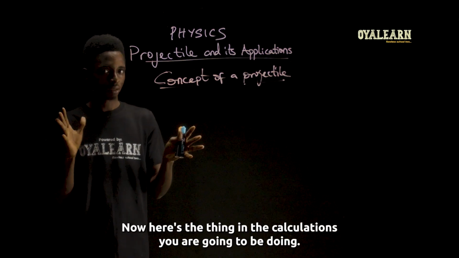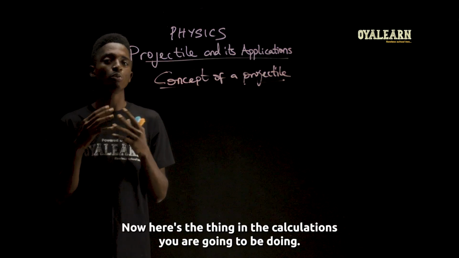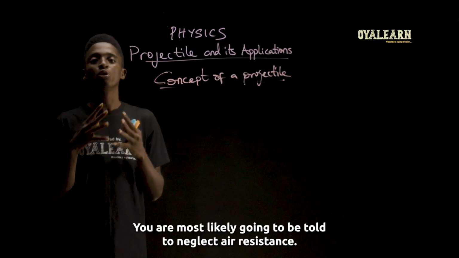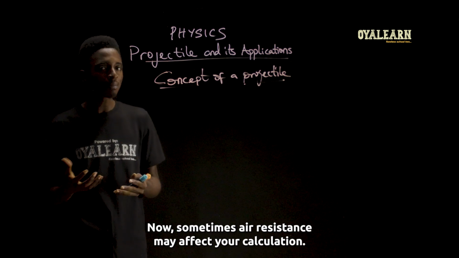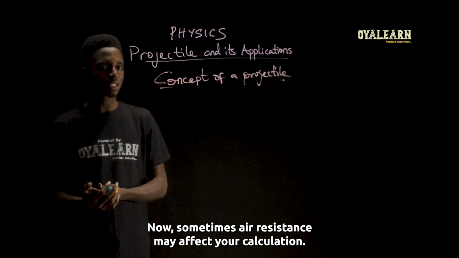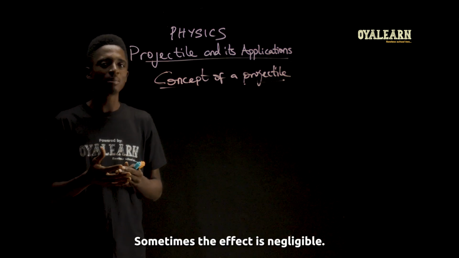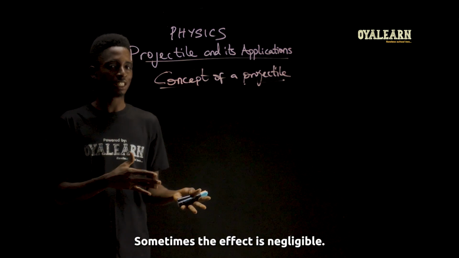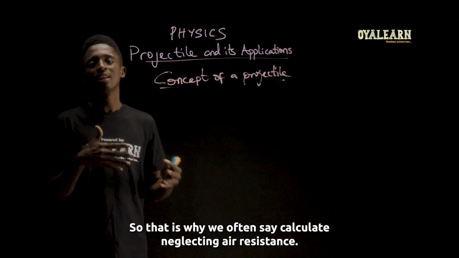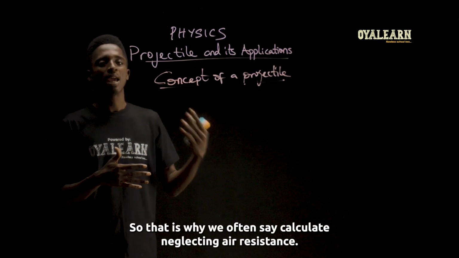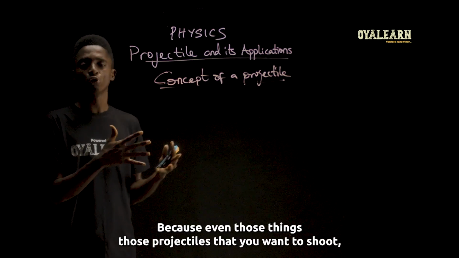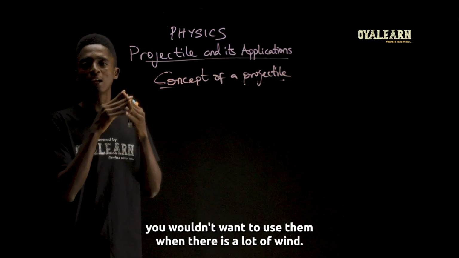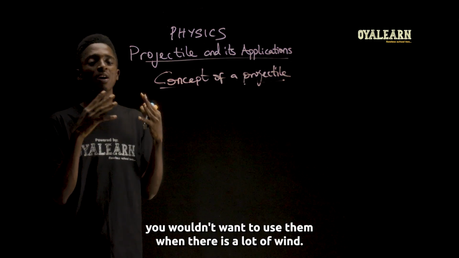Here's the thing. In the calculations you're going to be doing, you are most likely going to be told to neglect air resistance. Sometimes air resistance may affect your calculation, sometimes the effect is negligible. That is why we often say calculate neglecting air resistance, because even for those projectiles that you want to shoot, you wouldn't want to use them when there's a lot of wind.